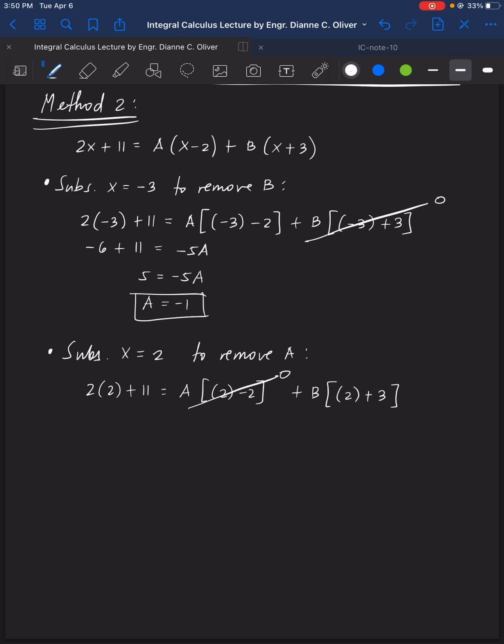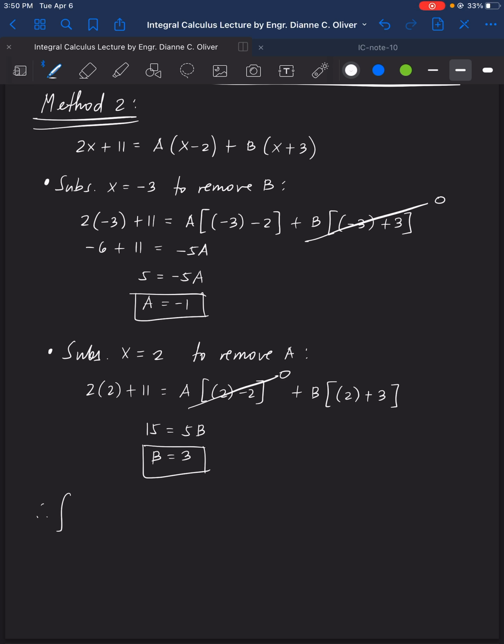Okay, so we have here 4 plus 11, that will be 15, is equal to 5b. b is now equal to 3. Same as what we got in method 1.